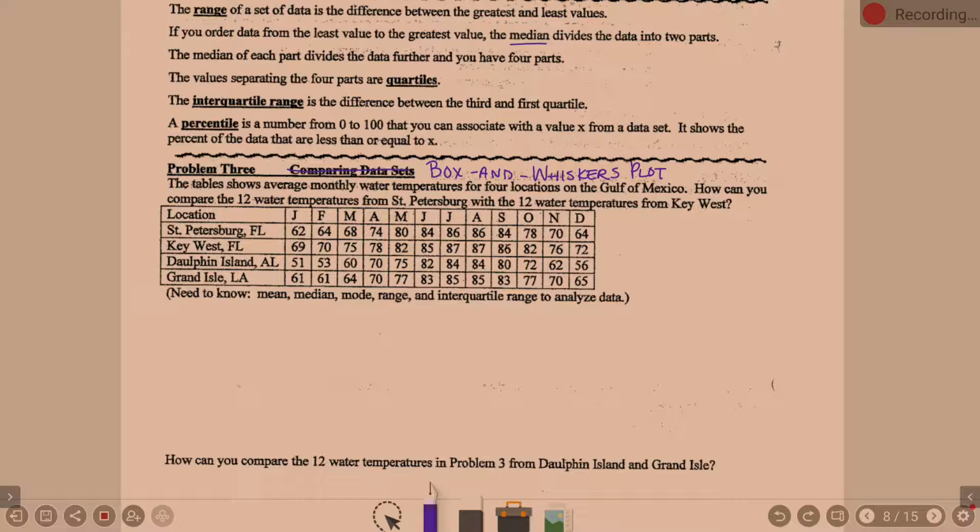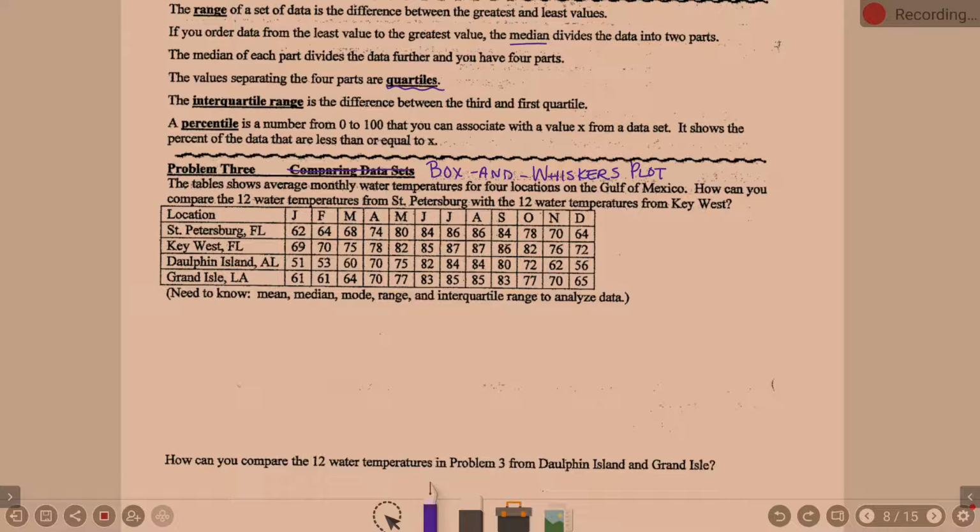We can also take the median of each of the bottom piece and the top piece. These are called the quartiles, and this is important for a box and whisker plot. The median is the middle one, and then you've got a lower quartile, the median of the bottom half, and an upper quartile, the median of the top half.